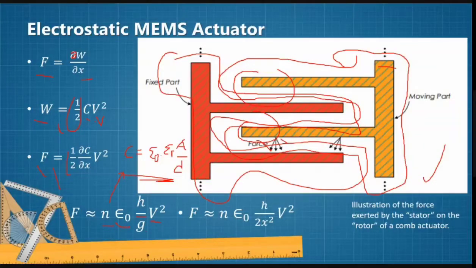So the force that acts on each tooth of the comb, with a height H equal to its spacing G, for a 15 volt voltage is around 10 to the minus 9 ampere.